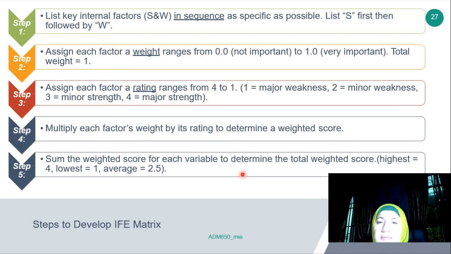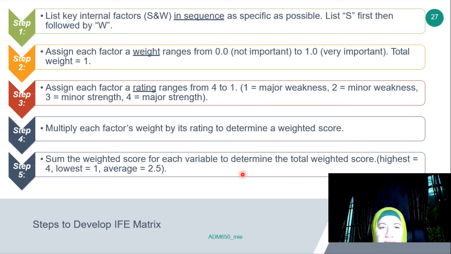List the strengths first, followed by weaknesses. If you can list 20 factors, that is good, but out of 20, you shortlist which ones are more specific. Sometimes there could be duplications, where you are putting things which you can group under the same name, so you need to check that.